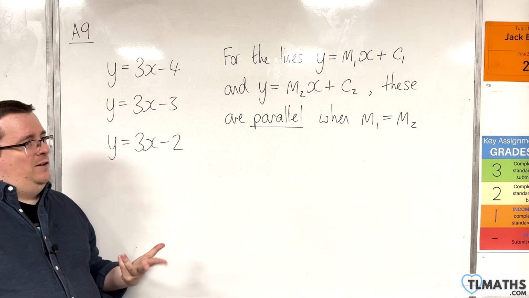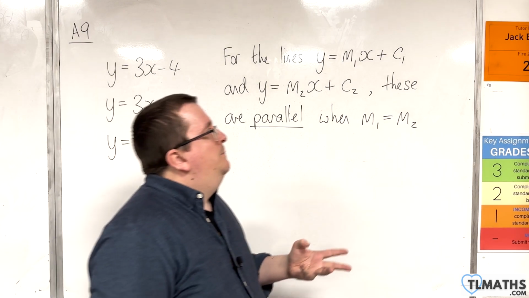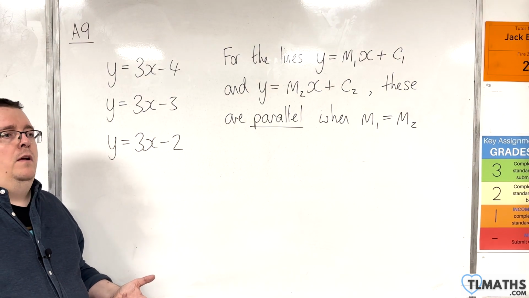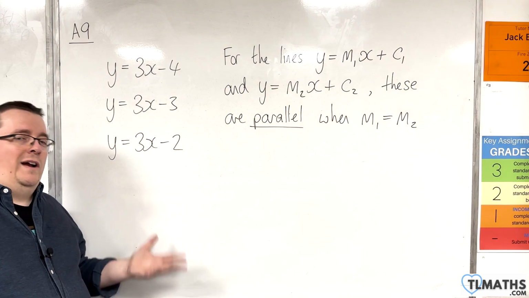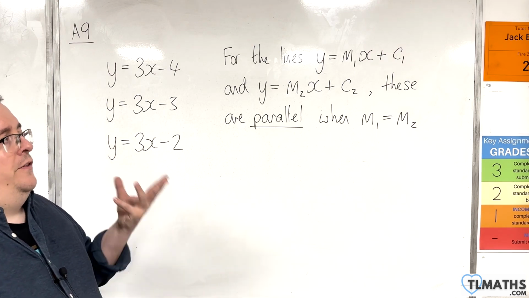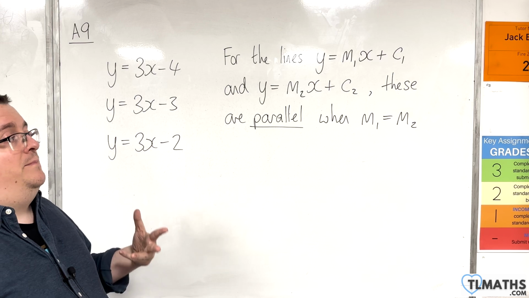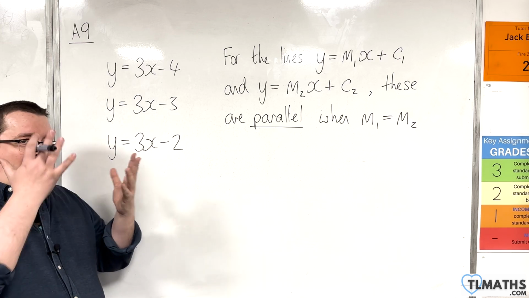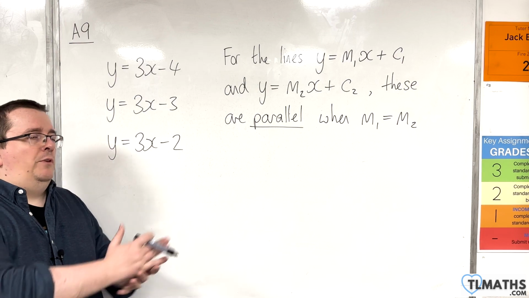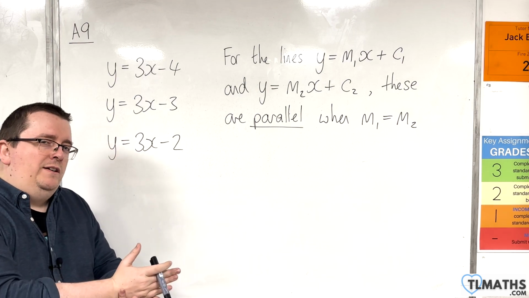Now there is a little bit of a caveat there, because if the c1 and the c2 were the same, then you're working with the same line. So if m1 and m2 are the same and c1 and c2 are the same, then you're working with the same line. Sometimes we refer to that as concurrent lines.